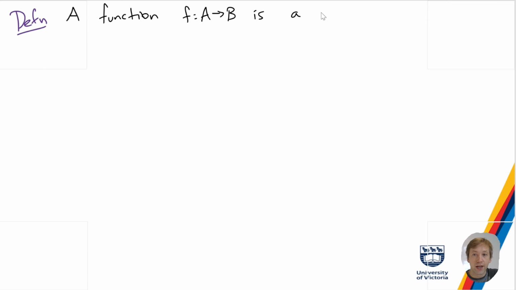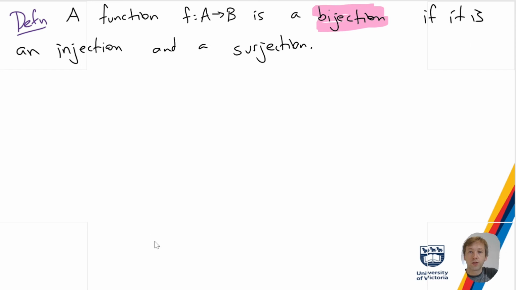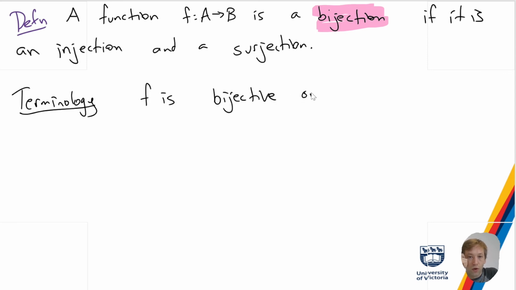Now let's add another definition, which is basically just the combination of the previous two definitions. Definition: a function f from A to B is a bijection if it is an injection and a surjection. We could also say that f is bijective or f is a one-to-one correspondence.